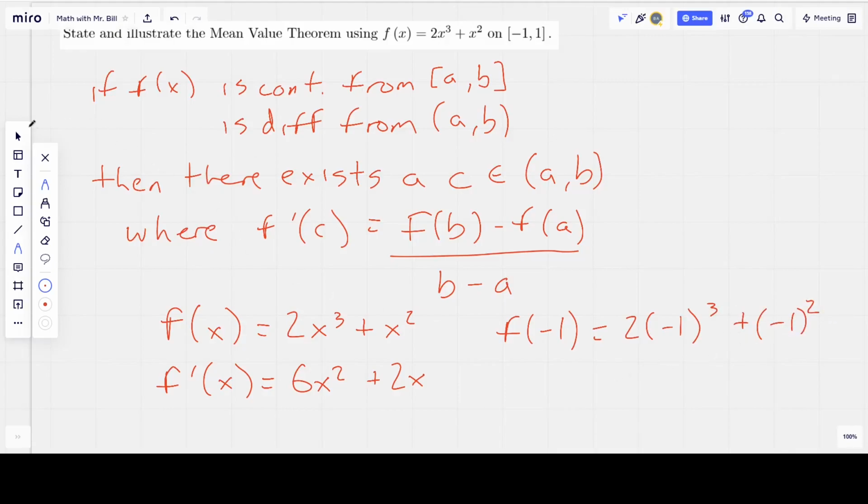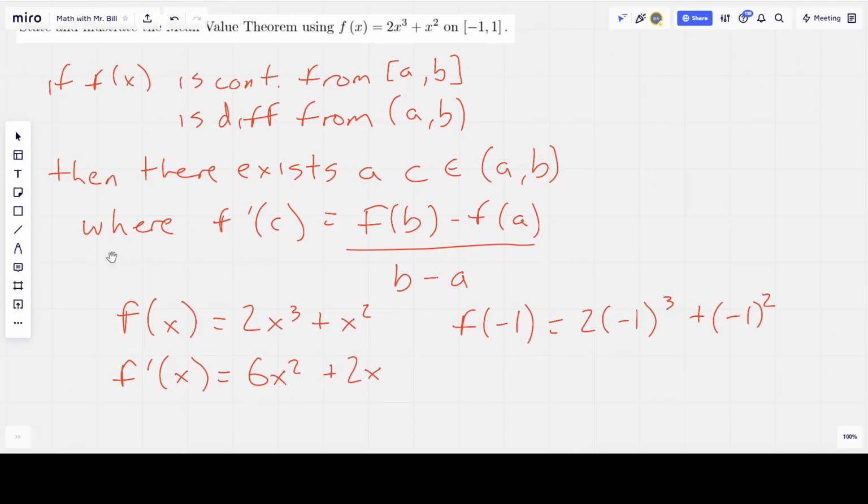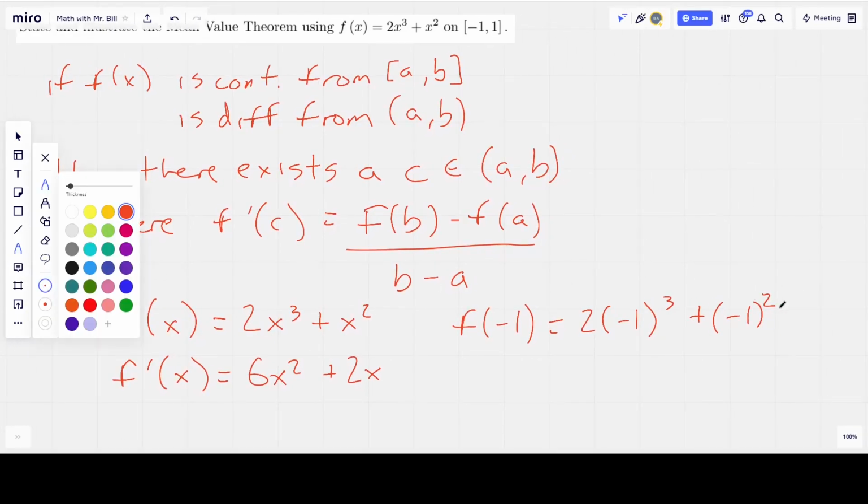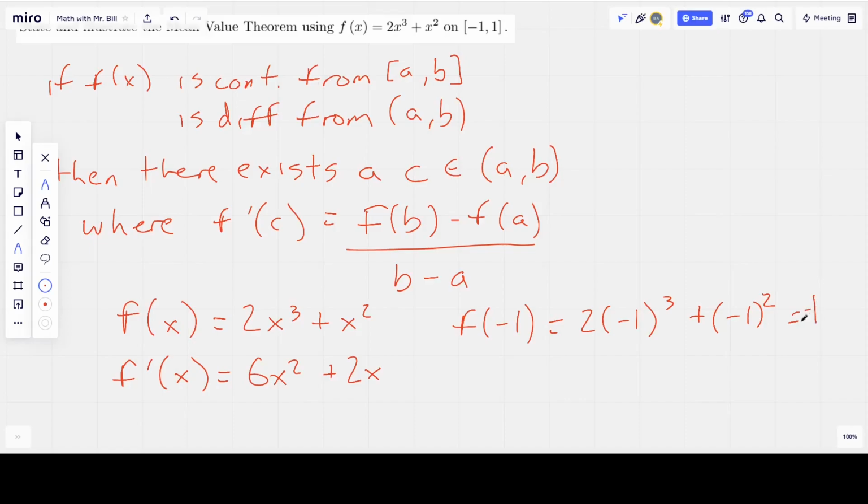And so that looks like -2 plus 1, so that's -1. And then f of 1 is equal to 2 times 1 cubed plus 1 squared, and that's equal to 3.